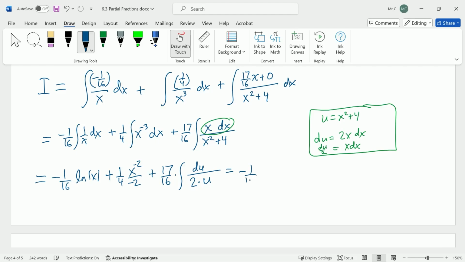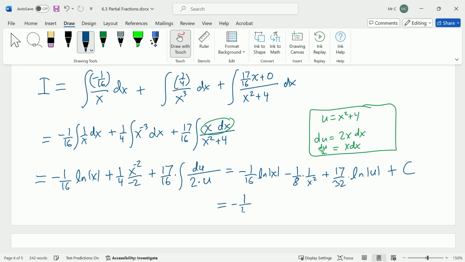That's negative 1/16 times ln of the absolute value of x plus, or I should say minus, because we've got a negative 2 in the denominator. 1/4 times 1 over negative 2, negative 1/8 times 1 over x squared, plus, we've got 17/16 times 2, that's 17/32 times ln of the absolute value of u plus a constant.